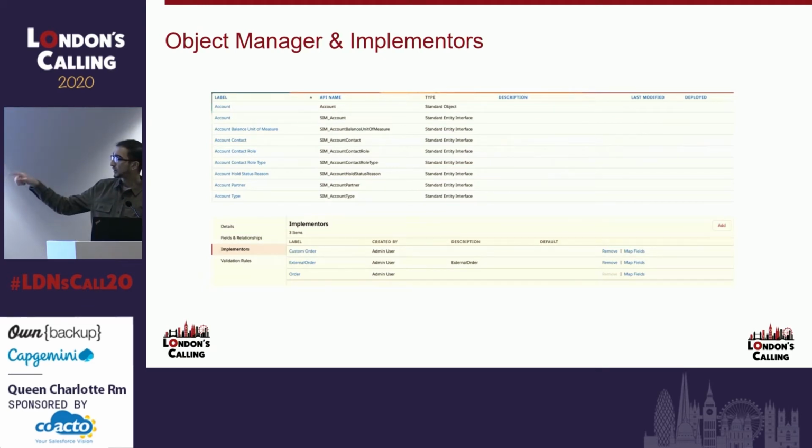In the type column, you will see standard entity interface. Initially, Salesforce will expose standard entity interfaces, like any standard Salesforce object. And down below, you will see that you have the different implementers. It could be custom, external, or even standard objects.